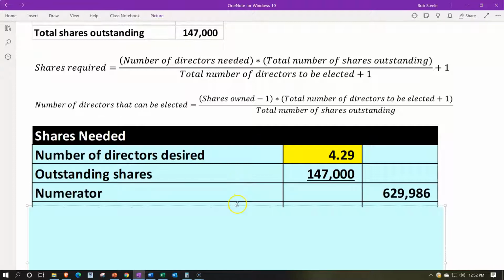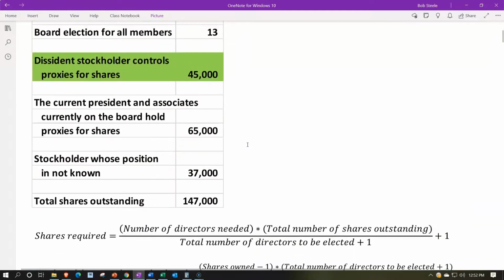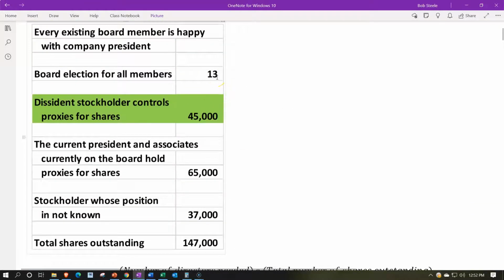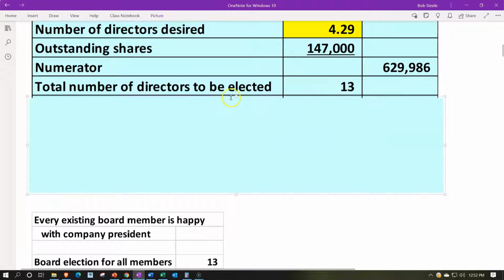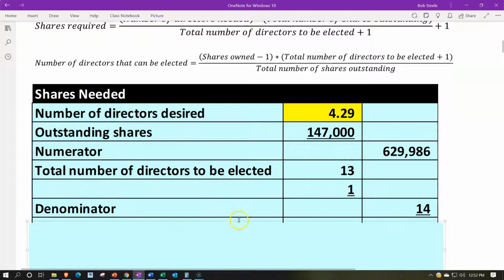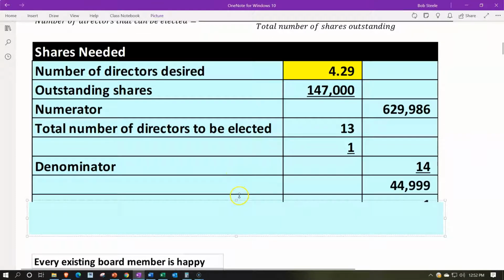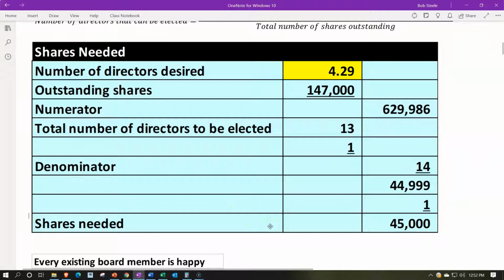We multiply that out. We get then the 629,986. We then have the denominator, which is going to be the total number of board members, 13. That's how many board seats are up for election, plus 1. And then that'll give us 14. That's the denominator. Numerator divided by the denominator is 44,999. And then we simply add 1 to that, giving us then the 45,000.